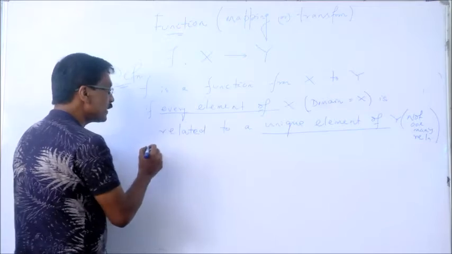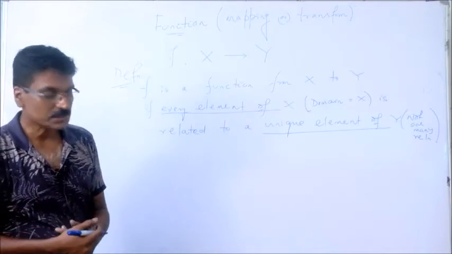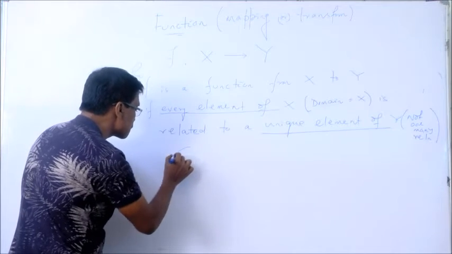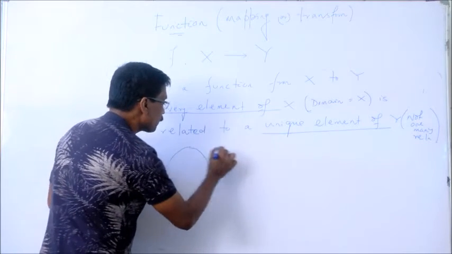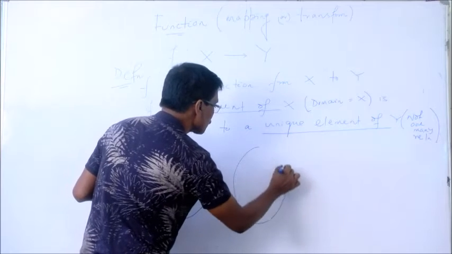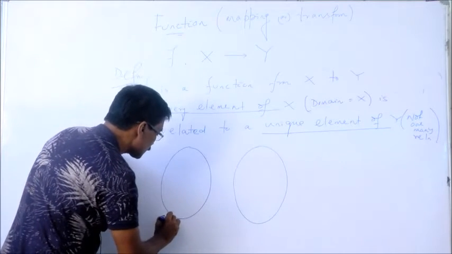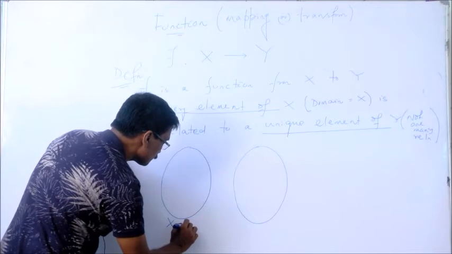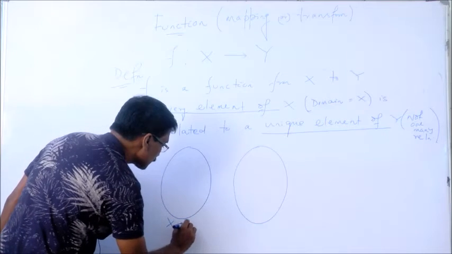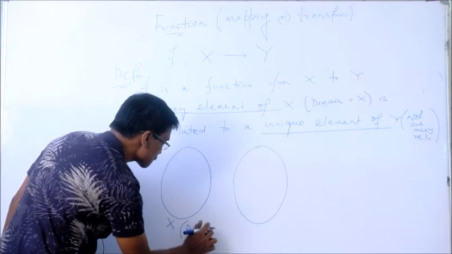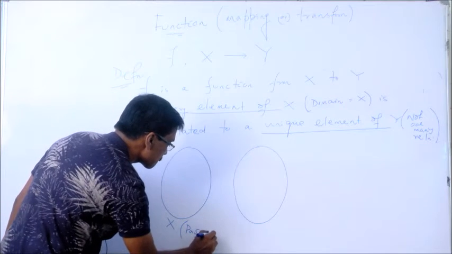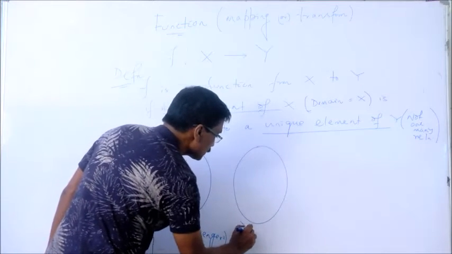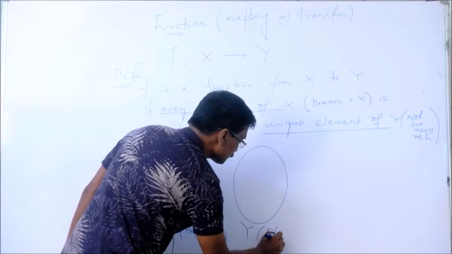So, we can take one more example. What is the definition? Suppose x and y are two sets. X is the set of persons, say passengers, and y is the stoppages.